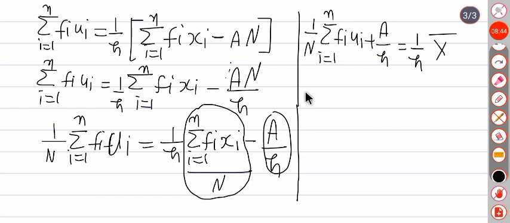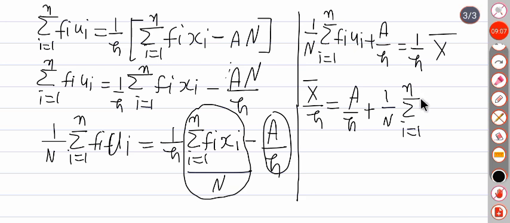Now writing the same expression: x bar upon h is equal to a upon h plus 1 upon N summation from i equal to 1 to n of fi ui.